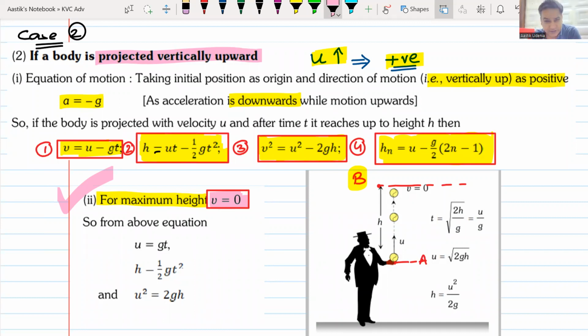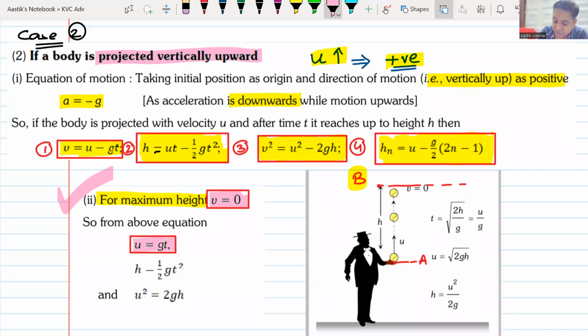Well, then you can write the equation v = u + at. v is 0, u is positive, g is negative, u comes on that side, negative, negative gets cancelled, and your equation for u looks like this. This is equation number 1.